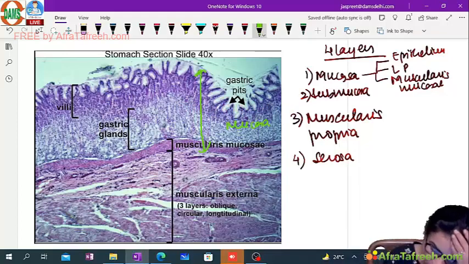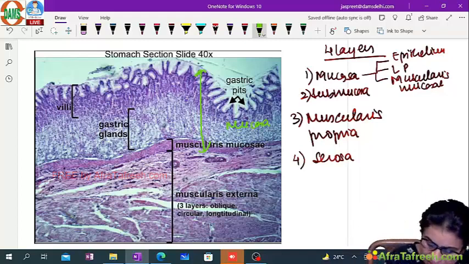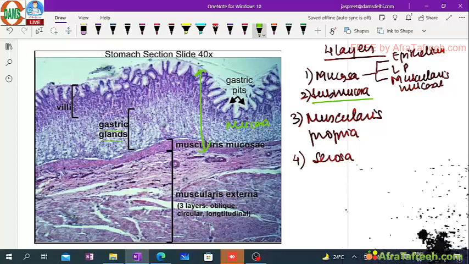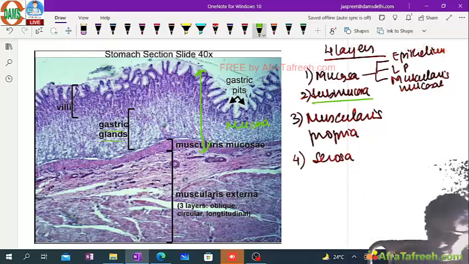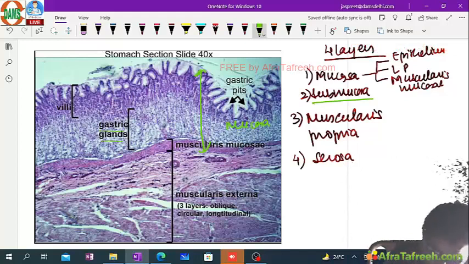Okay, now let us see. First, you can see the mucosa. The mucosa has gastric pits, which are labeled, and is lined by columnar cells. Then below, in the lamina propria, we have these gastric glands. Then you have the muscularis mucosa. Below the mucosa, there's a layer of submucosa, which is not labeled here.